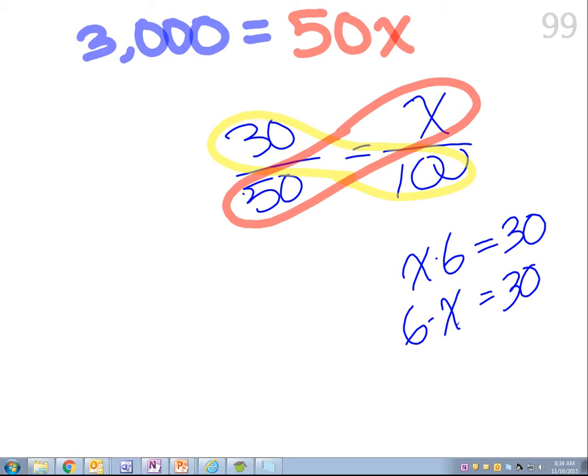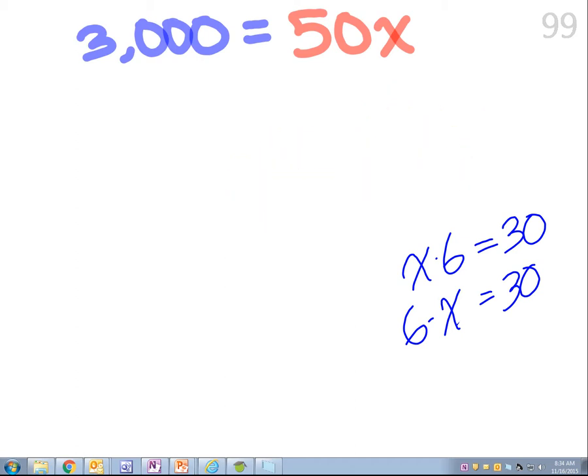Who asked that question? Kaylee? See how there's 50 x's there? So now I'm going to divide both sides by 50. 50 divided by 50 is what? 1.